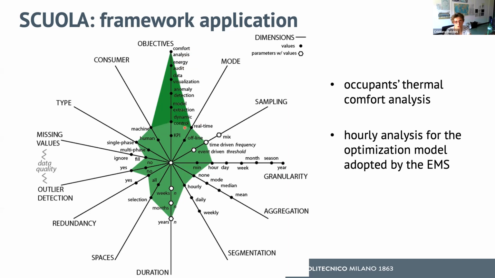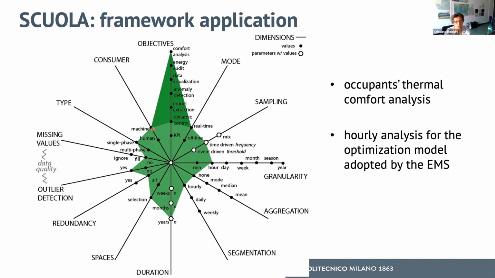Since we wanted to have something that was going to be a dynamic control, the data usage was in real time, also with respect to the comfort analysis. The sampling was time driven, which meant that every X minutes we were going to sample the temperature, the humidity, and all the environmental elements.